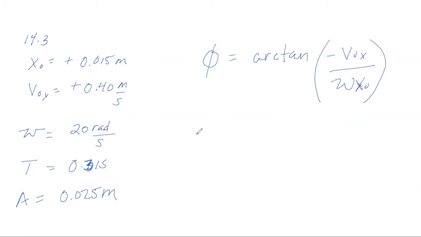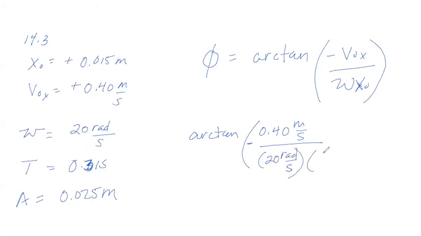So this is going to be arctan of 0.40 meters per second, negative, this is all negative, divided by 20 radians per second times 0.015 meters. That's going to equal negative 53 degrees.